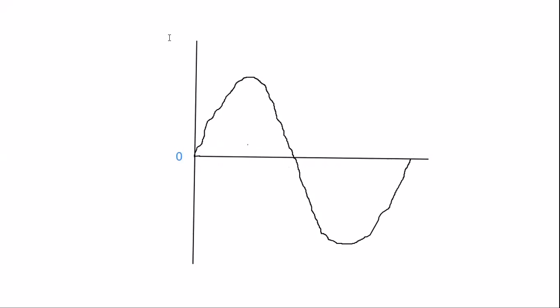So this point here would be 0. This point up here will be the positive peak.